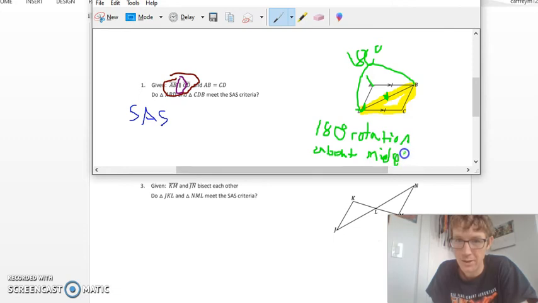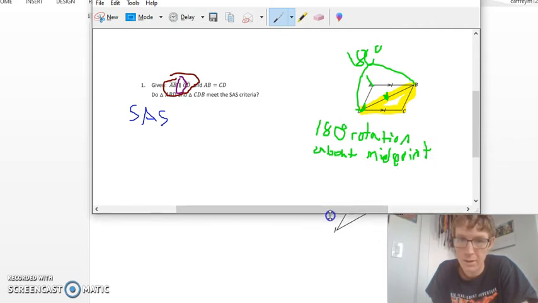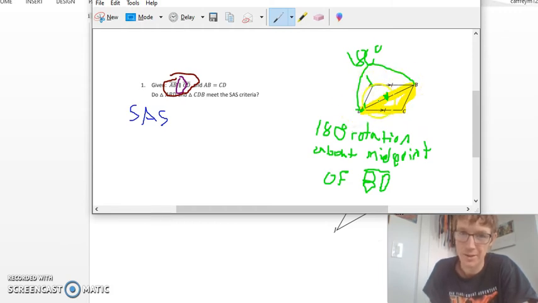About the midpoint of BD. So if we rotate this triangle about this midpoint, it'll end up being on top of this triangle. So that's how you know it's congruent.